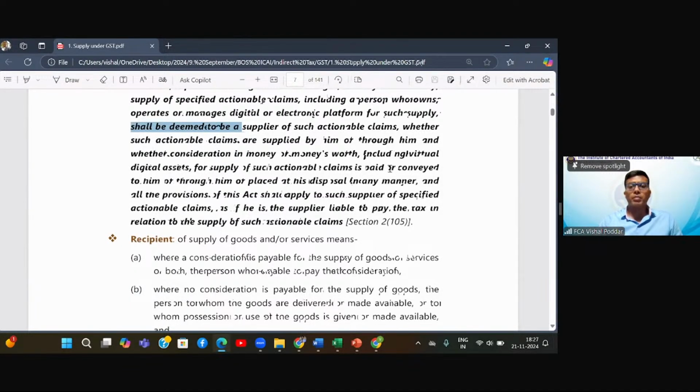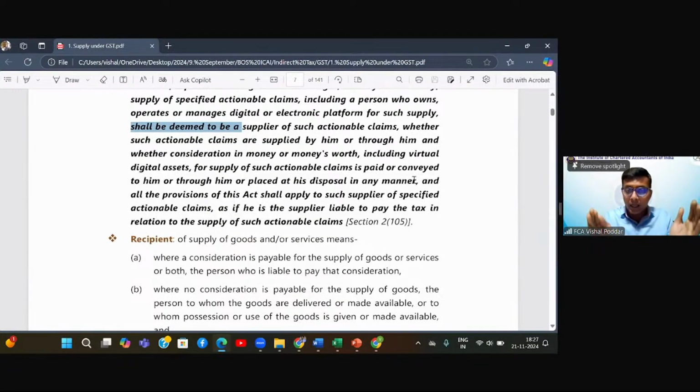For supply of such actionable claim is paid or conveyed to him, through him, or placed at his disposal in any manner. Now, this consideration is paid either to the company or is kept at their disposal. What is their disposal? When different players are playing, the company is collecting the amount and keeping it at its disposal as a custodian. So that tomorrow, whoever wins, the company will hand over the entire amount to them.